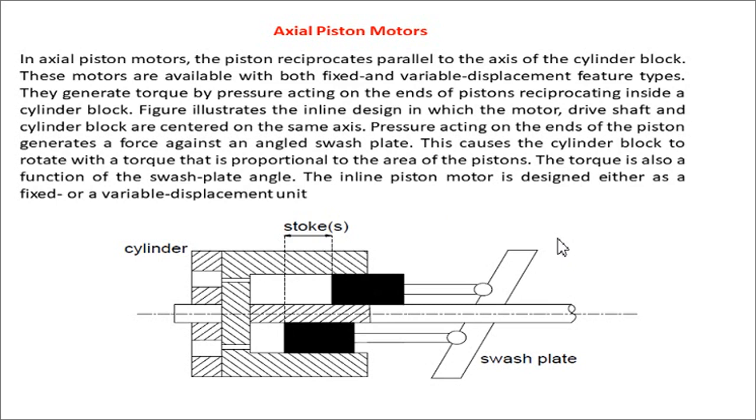They all contain axial piston motors. Some other examples are road rollers, where the road roller can travel forward as well as backward. So how is it possible?